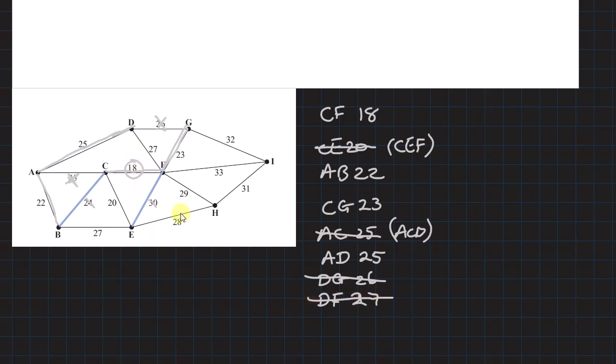Next cheapest one is 28, which is EH. Well, we didn't do the 20 up there either. Actually, just before this, we shouldn't have done BE either. So BE, I don't know what I'm drawing it in for.